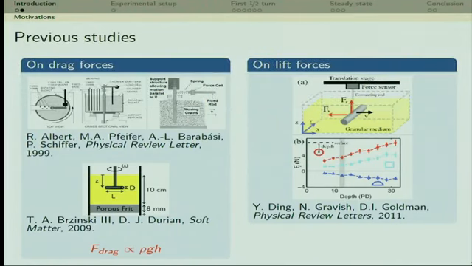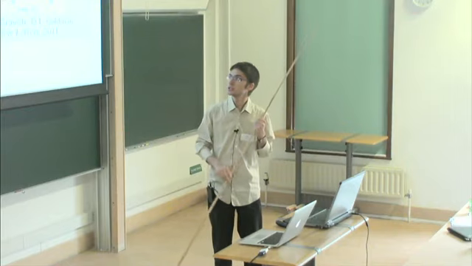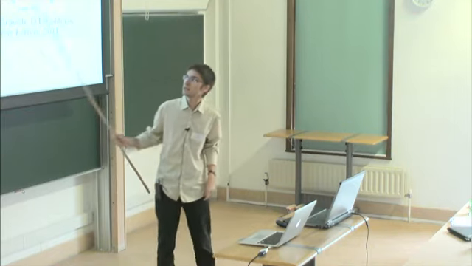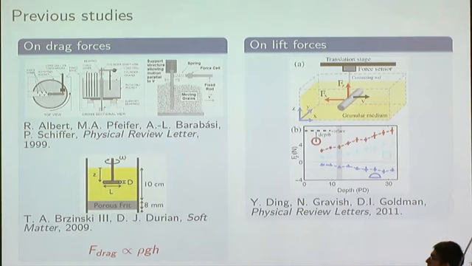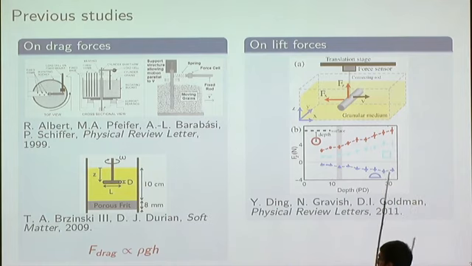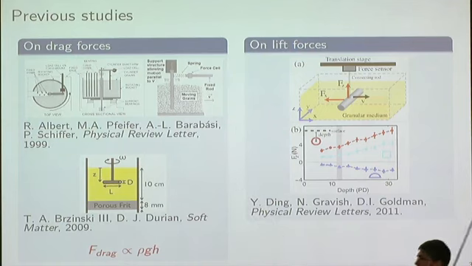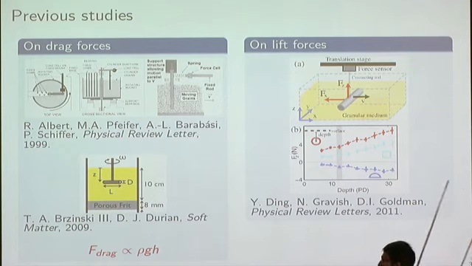So there have been several studies on granular forces. Quite a lot of studies have focused on drag forces, so forces in the direction of the motion. There, for example, this one by Piper and Barabasi, Kiefer and Albert, where they dragged a vertical cylinder in a granular bed. There's also this one by Brzezinski and Durian, where they rotate a horizontal cylinder.